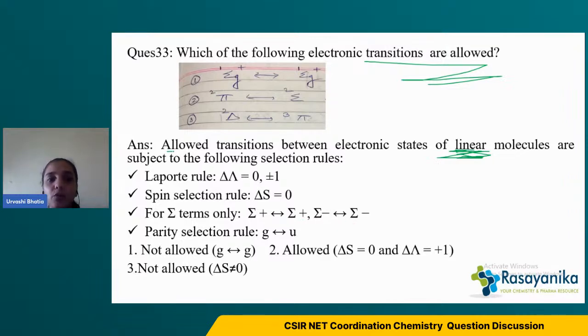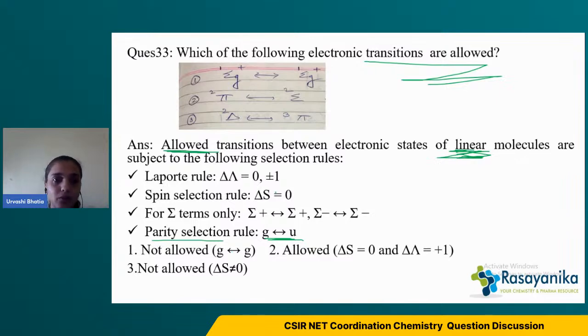I have given only for the allowed. Okay? But plus to minus is not allowed, and similarly, minus to plus is not allowed. And parity selection rule is G to U is allowed. G to G will not be allowed. U to U will not be allowed.